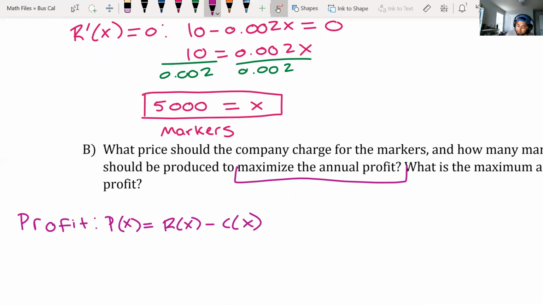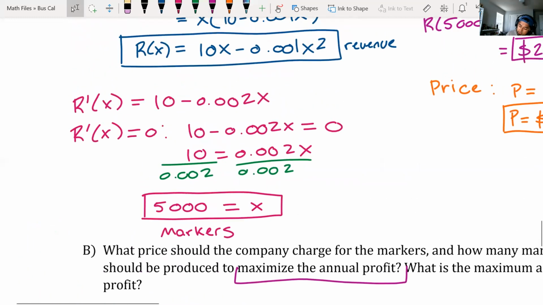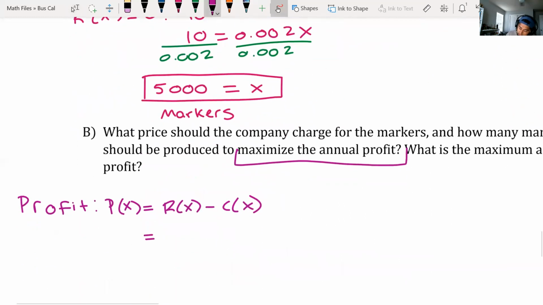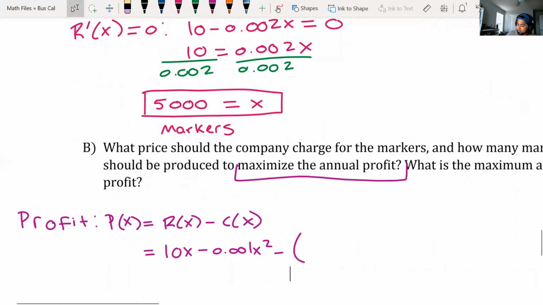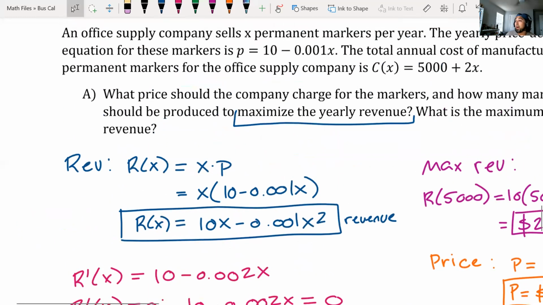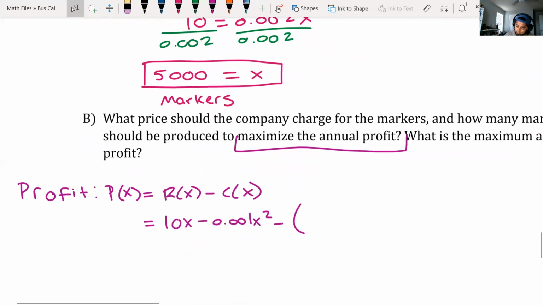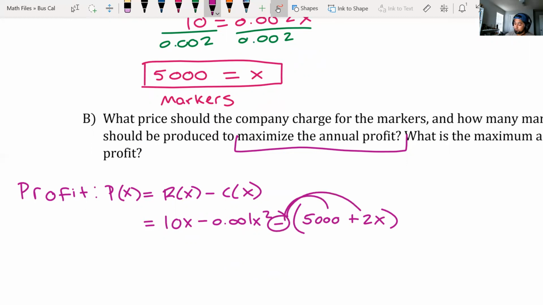So we're going to plug in the revenue function we created above, which was 10x minus 0.001x squared, and subtract the cost function they gave us in the problem, 5,000 plus 2x, in the beginning paragraph. And whenever you plug in that cost function, make sure to keep it in parentheses.